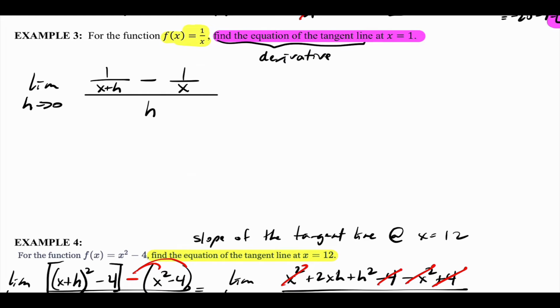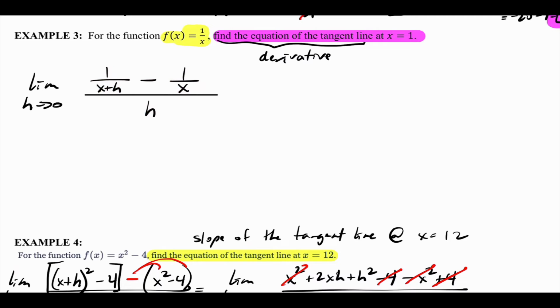Mentally, or you can do it on paper, it's up to you, but what do you get when you plug in 0? We get 0 over 0, right? When I plug in 0 for h, I get 1 over x minus 1 over x, which is just 0 over 0. So it means we have work left to do.